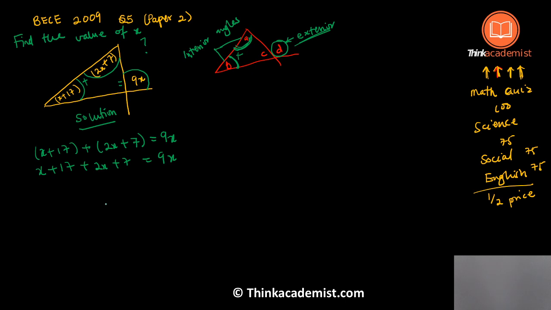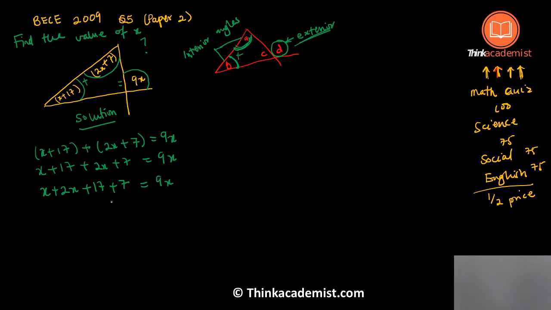Are we okay? So we would quickly group like terms. Grouping like terms, we'll have x plus 2x, plus 17 plus 7, equals 9x. Now let's solve this quickly.